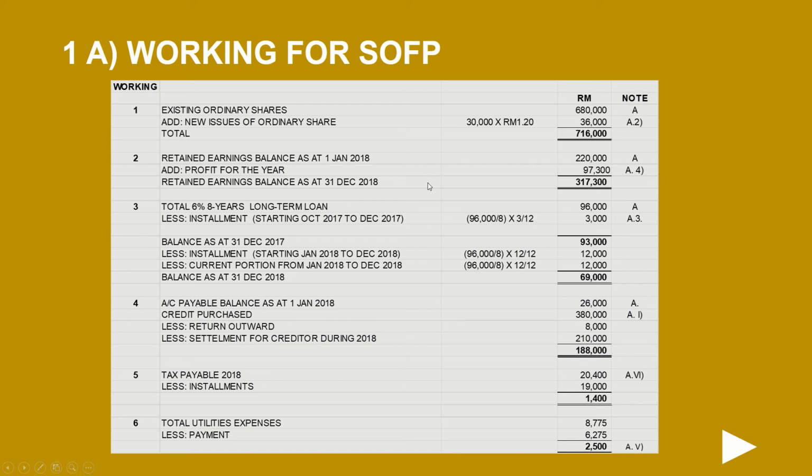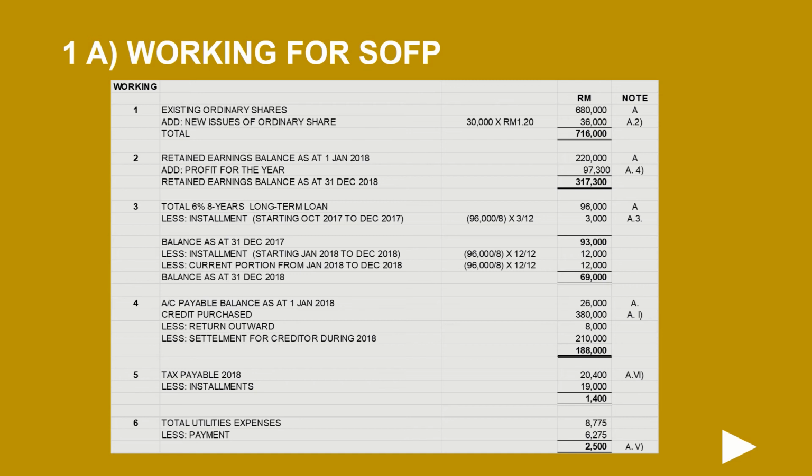716,000. And for retained earnings, the balance brought down as at 1st January 2018, given in information A, amounted to 220,000. And you need to add the profit for the year. This information can be found in additional information 4, amounting to 97,300.